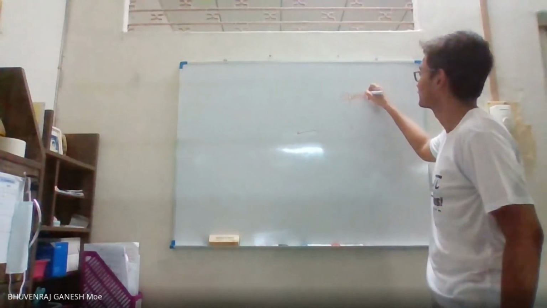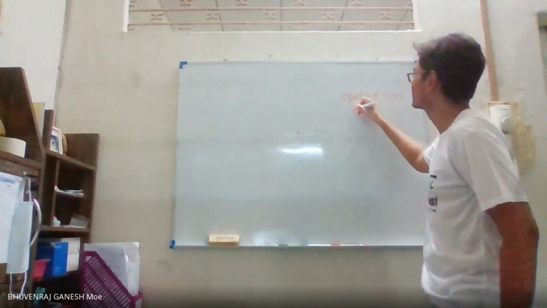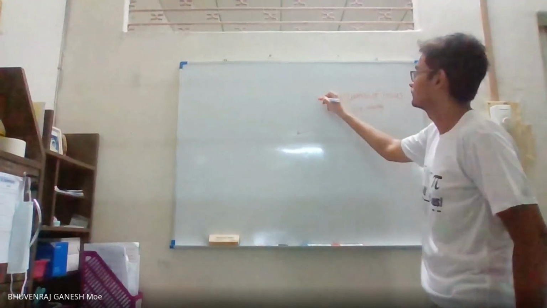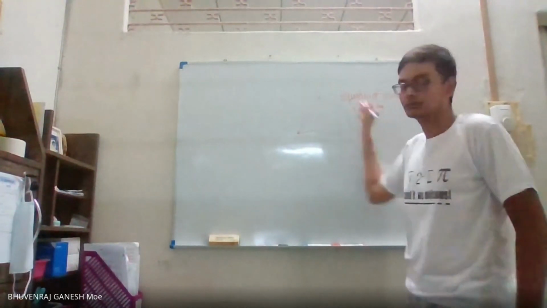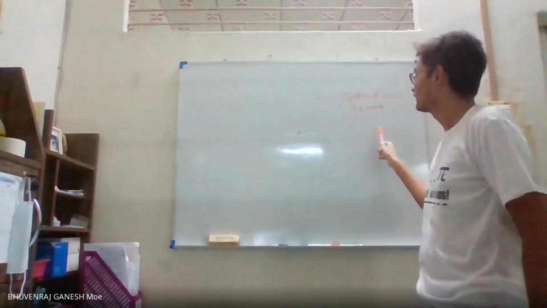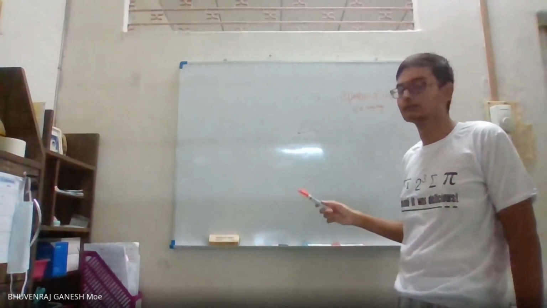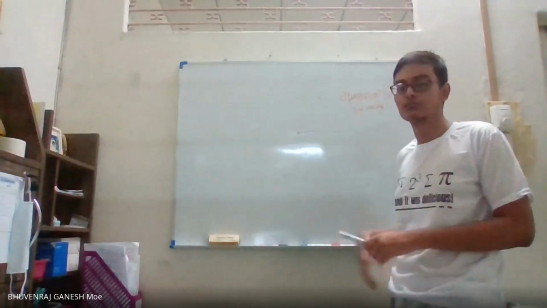In coordinate geometry, they ask you to find the equation of the locus of a moving point. It means you actually compare this point to a center here. So they want to find this equation of the circle. Basically, you'll get a circle equation. The final answer will be x squared plus y squared minus 6x minus 13y plus 8 equals 0. That's the general form.